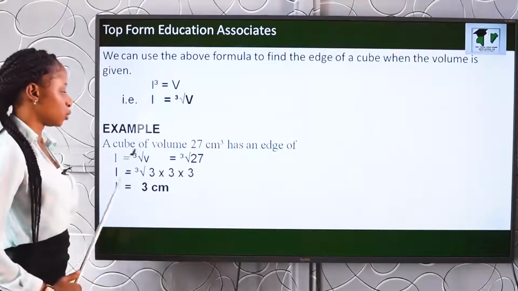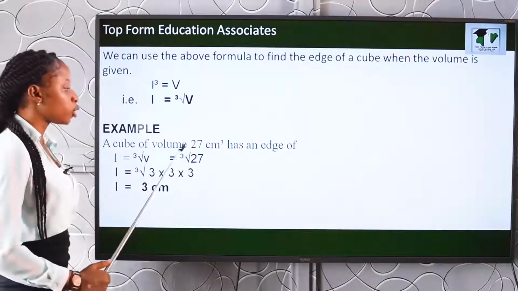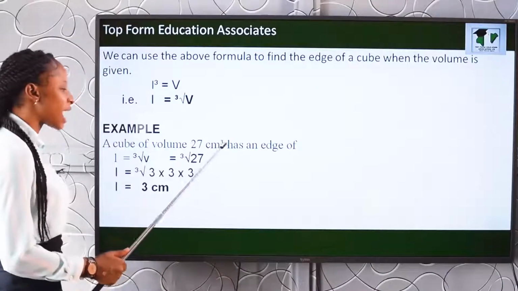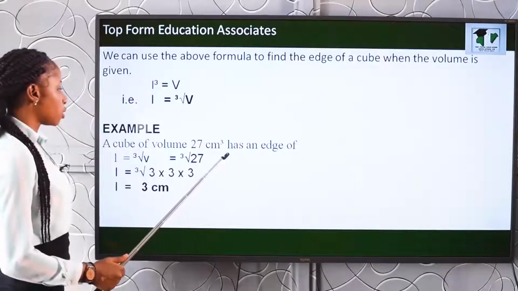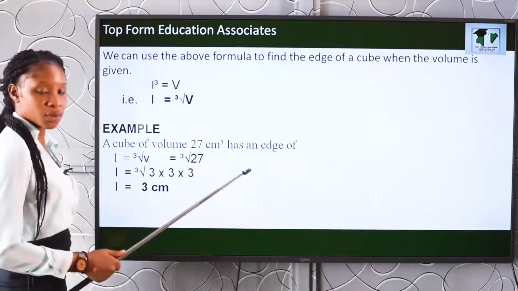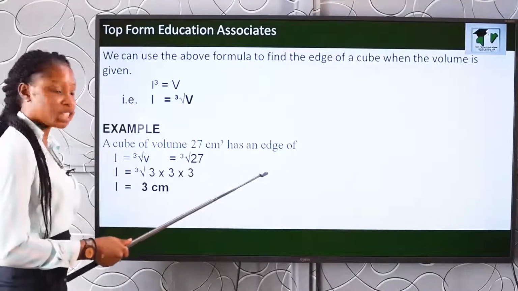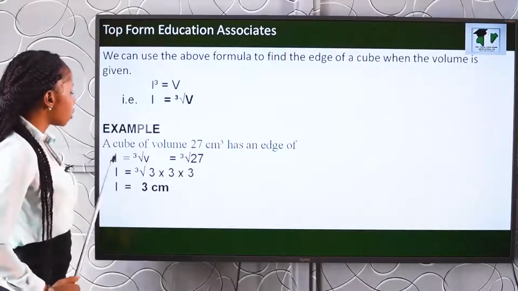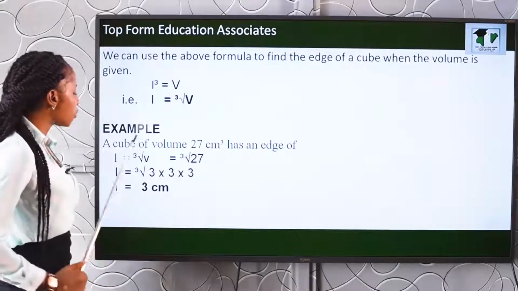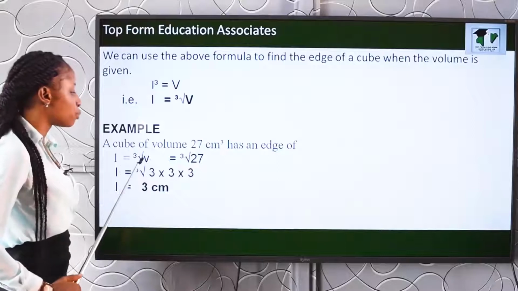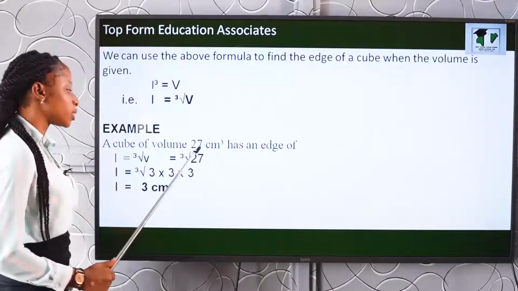Now, for example, a cube of volume 27 centimeters cubed has an edge of dash. We are asked to find the edge. Remember the formula we are given, L equals cube root V, and the volume is 27.